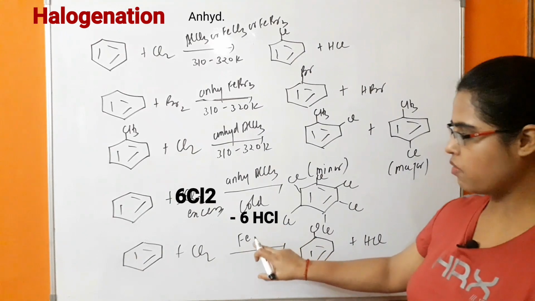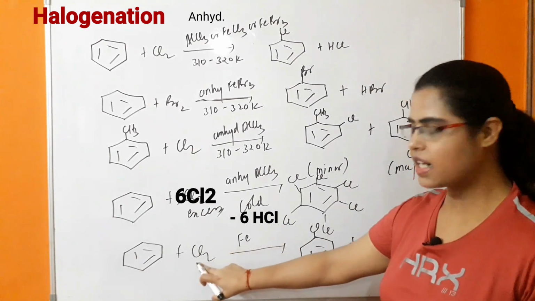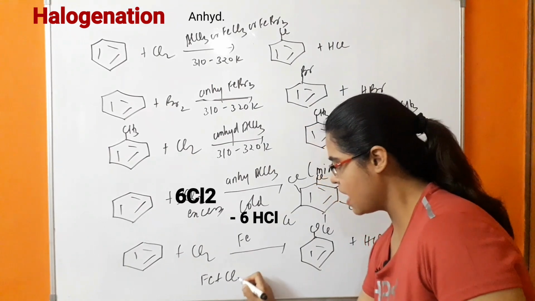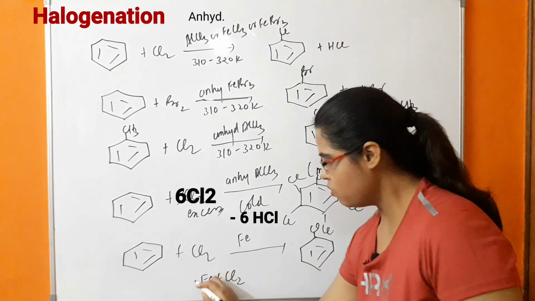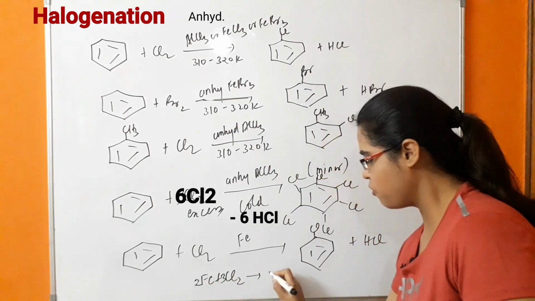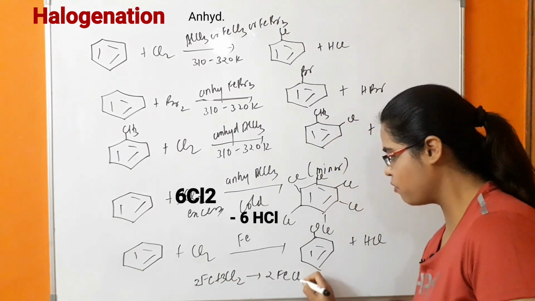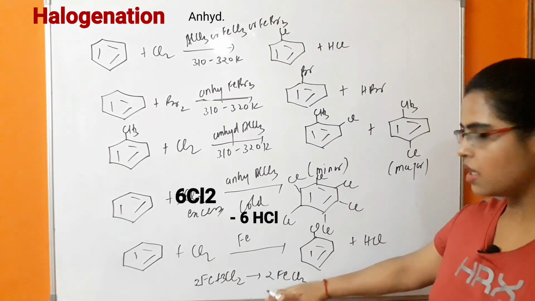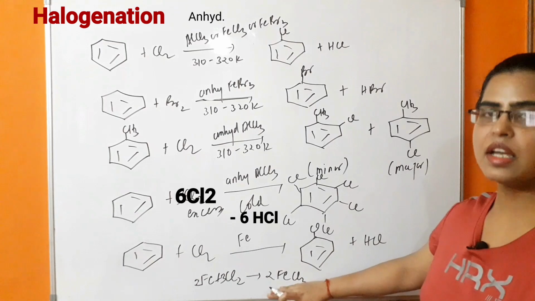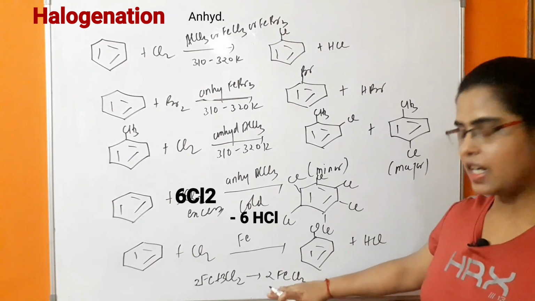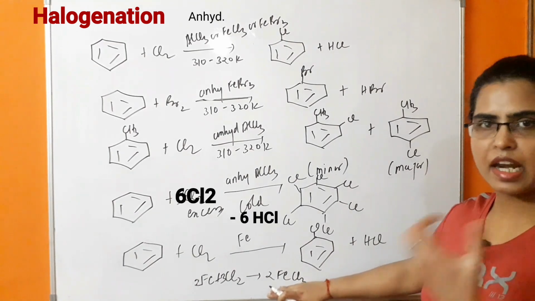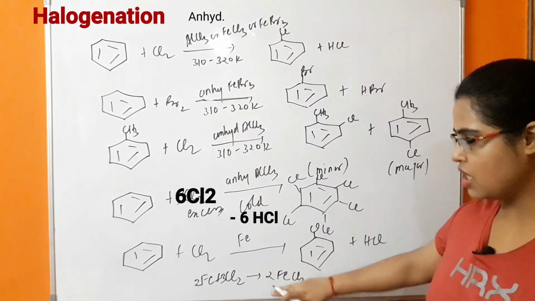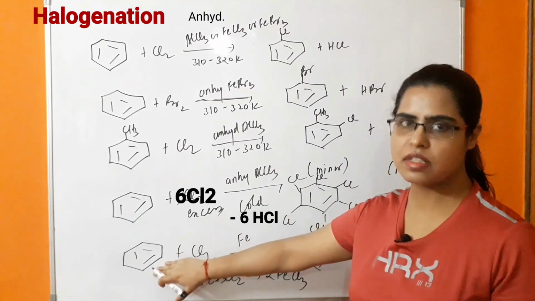First, the iron reacts with the electrophile, chlorine, forming 2 moles of FeCl3, which behaves as a Lewis acid. Further, this FeCl3 initiates the reaction. It behaves as a halogen carrier, which initiates the further substitution reaction.